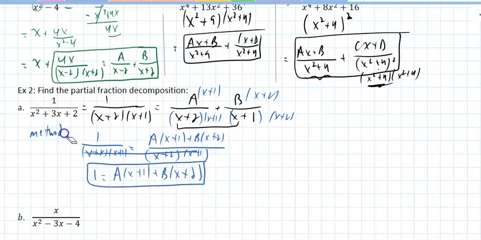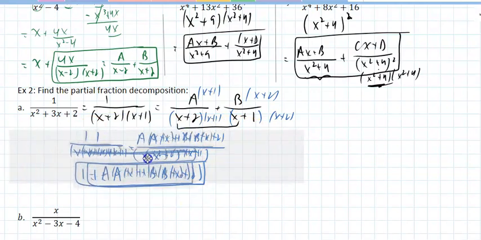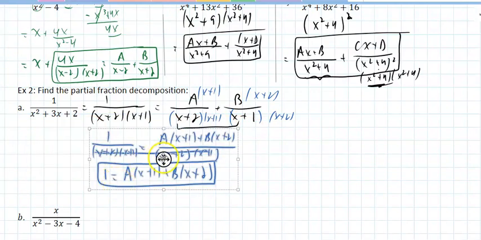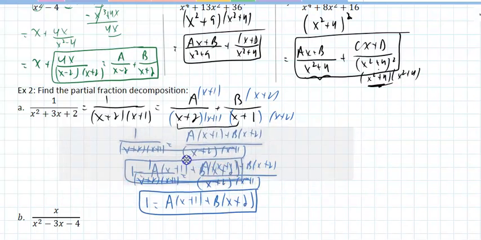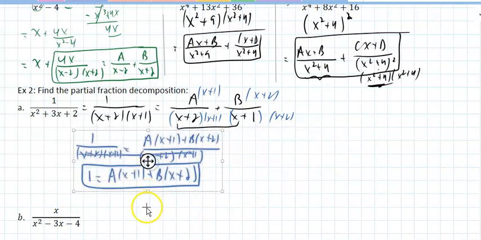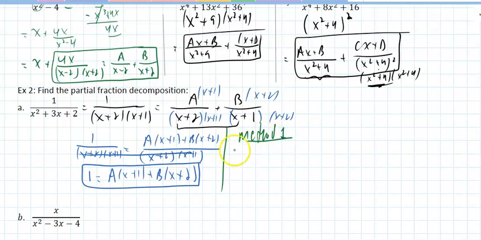So I should not put method 1. Now I should say method 1. You will get rid of the parentheses.